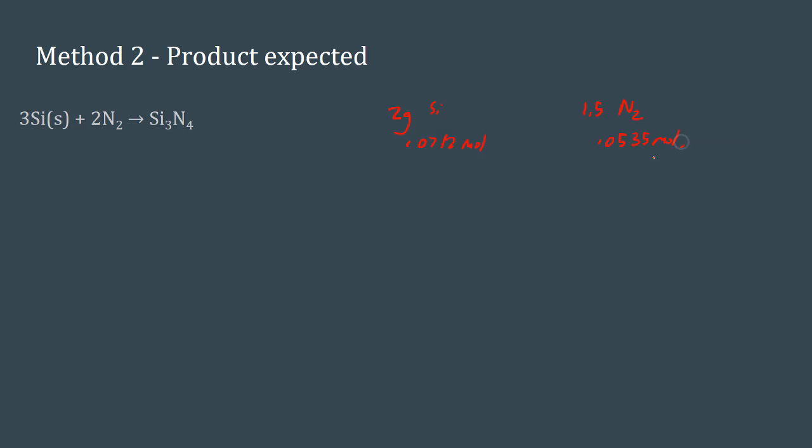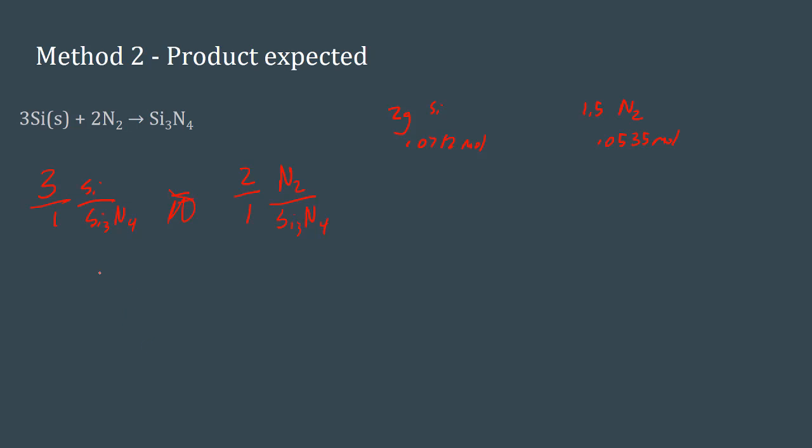Now, what we know is we get a 3-to-1 ratio of silicon to Si3N4 in terms of a mole ratio, and we get a 2-to-1 ratio of nitrogen to Si3N4 in terms of a mole ratio.